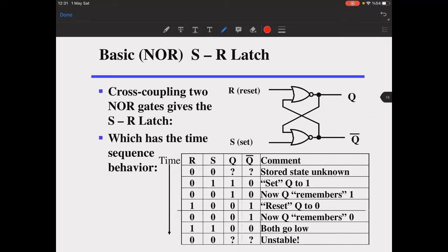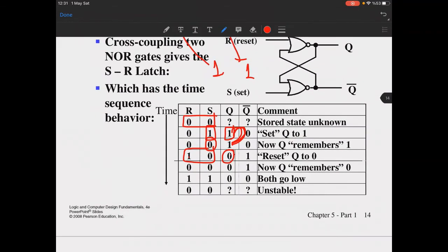If you do this with NOR gates, the same structure with NOR gates, it will give you set reset latch. Not surprisingly, you set with 1, you reset with 1 here, so neither of them is selected here. Now this is in set state, then it is in remember state, remembering this one, then this is in reset state, you see, resets Q to 0, and it is now remembering 0 here.